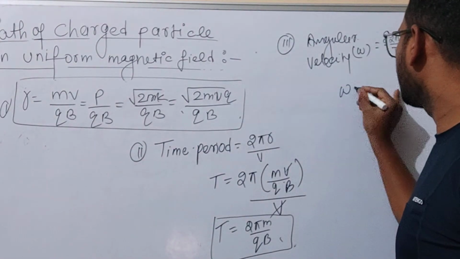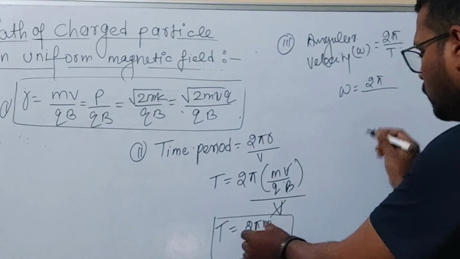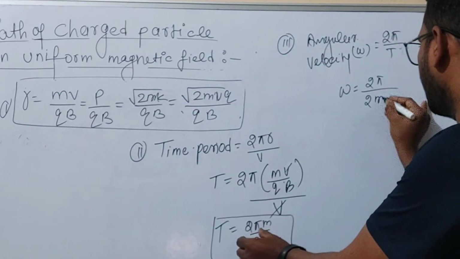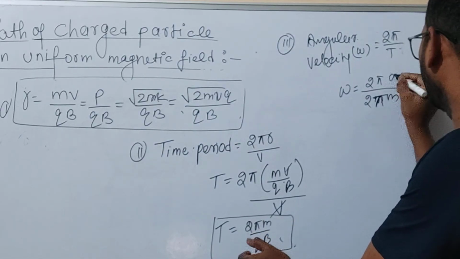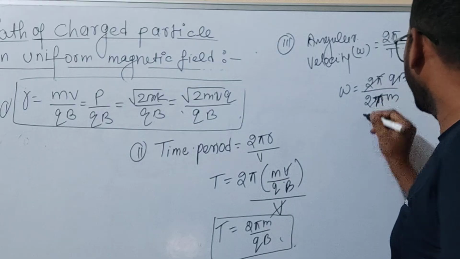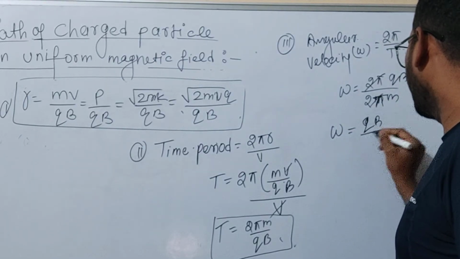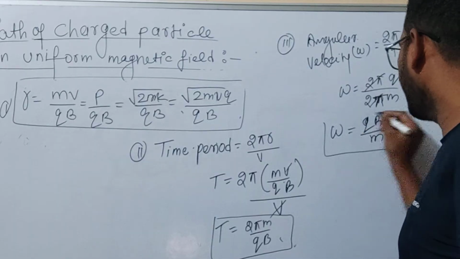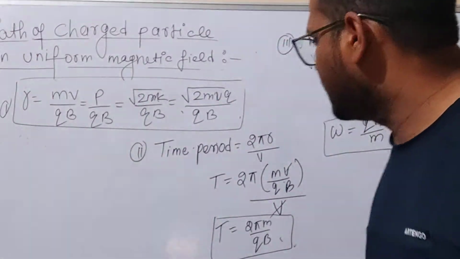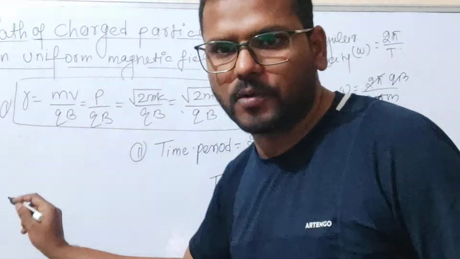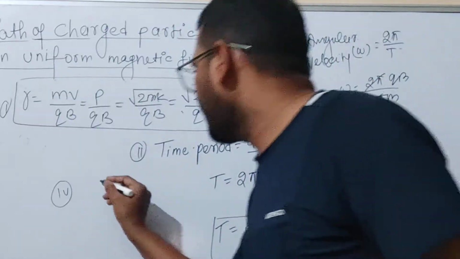So omega is equal to 2 pi by T, which is 2 pi divided by 2 pi m by qB. The m by qB will go up. So 2 pi cancels, and omega is equal to qB by m. This is basically the angular velocity. Now one more small point: the fourth formula. The fourth one is frequency.